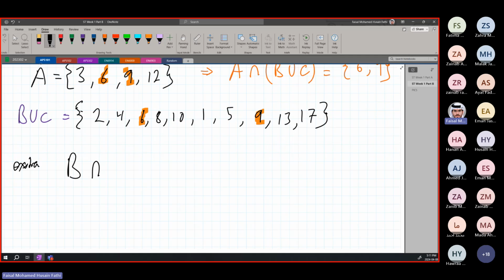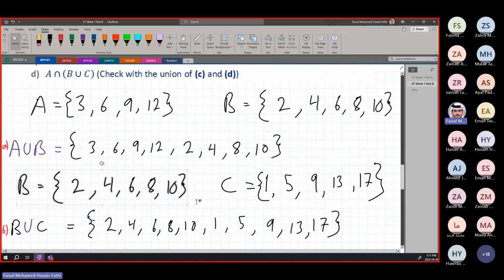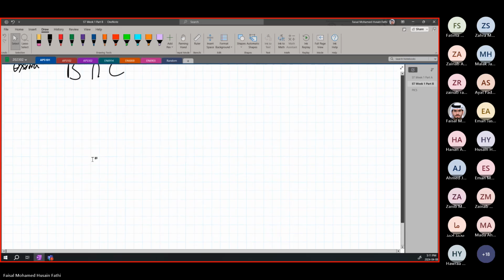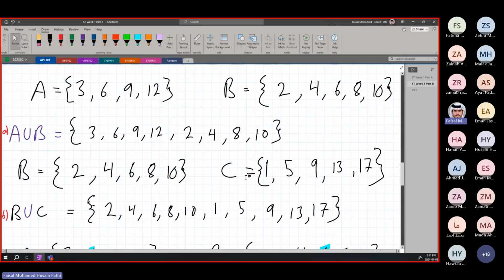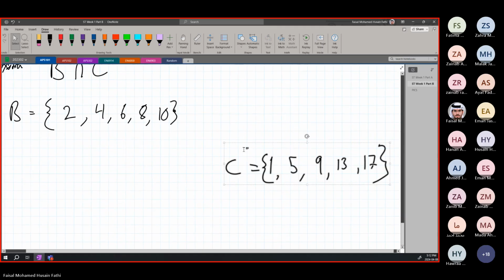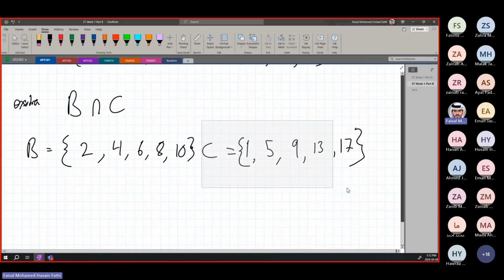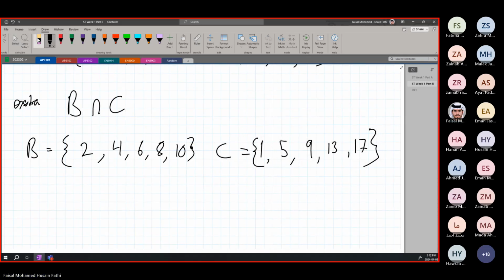B intersection C. Again, if I get B and C, this is B. All right. And this is C. So what does intersection mean? Intersection means that we need to find the common values in between.